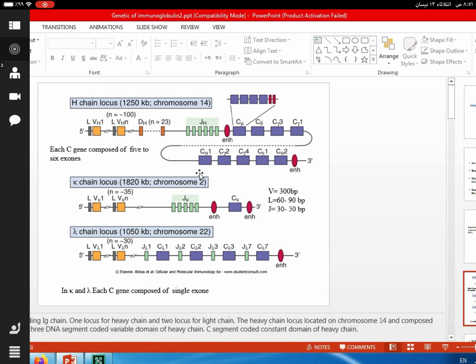One locus, the kappa chain, is located on chromosome 2 and is composed of 1820 kb. And the lambda chain is located on chromosome 22 and composed of 1050 kb. So, 1 locus for heavy chain and 2 loci for light chain.